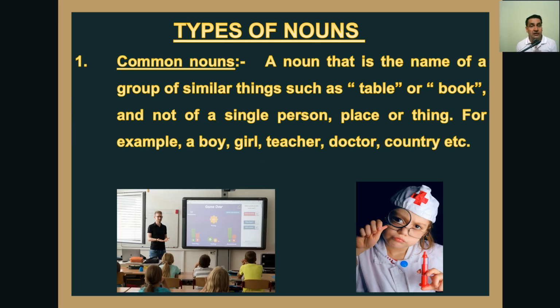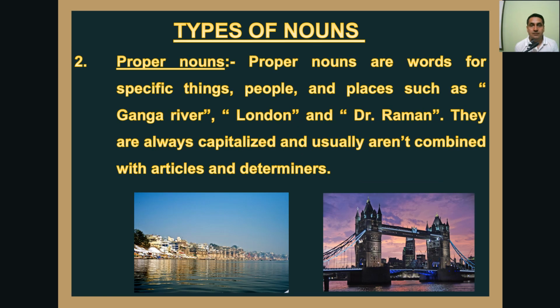Now we are going to look at the broader classification of nouns. Common nouns: a noun that is the name of a group of similar things, such as table, book, and not of a particular person. For example, a boy could be any boy, then any girl, teacher, doctor, country. Common nouns. There are many like that.